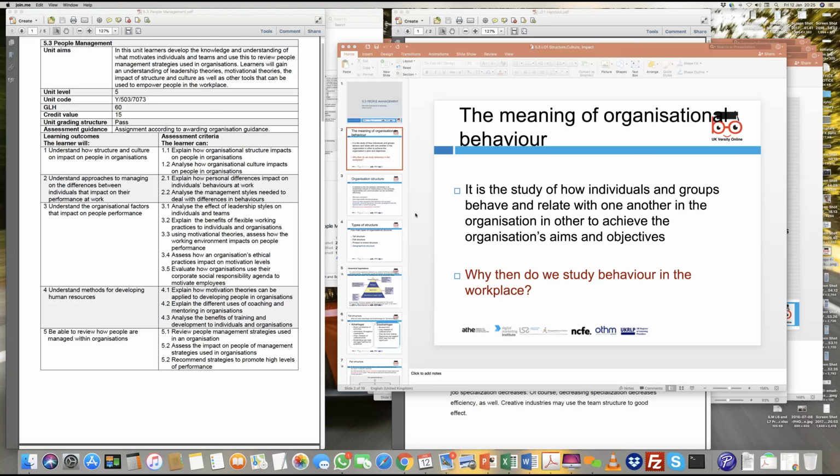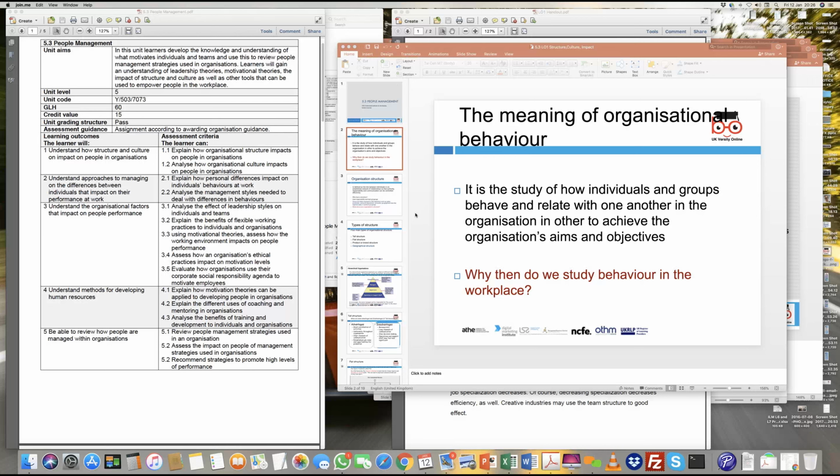Now, the reason why we looked at this definition and we want to understand it is because the whole process of managing people falls within the remit of something called organizational behavior. And that is something that we need to understand. Because if you understand the culture, the attitude, and also the behavior of the individuals who work within the organization, to a certain extent, you can actually understand how the organization works.